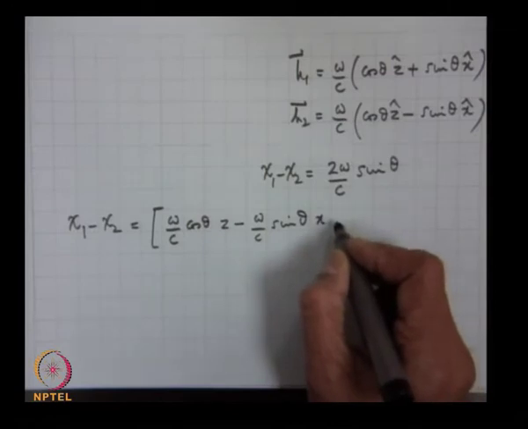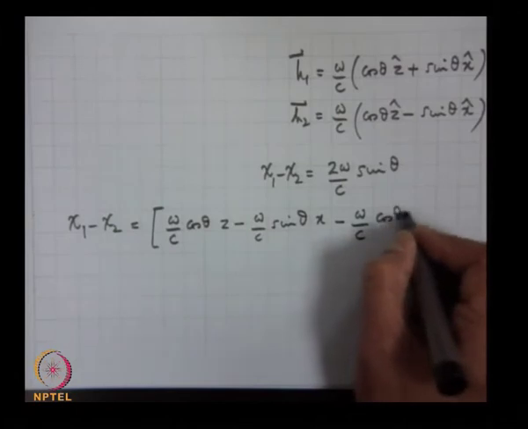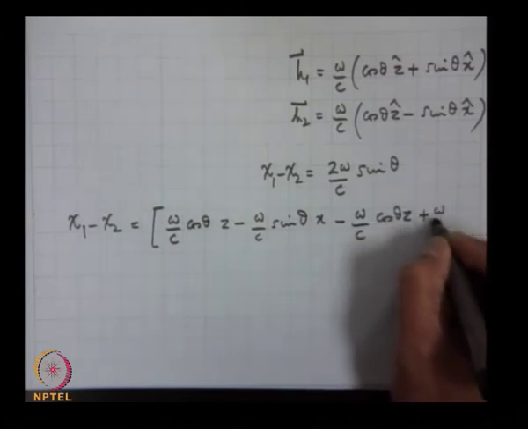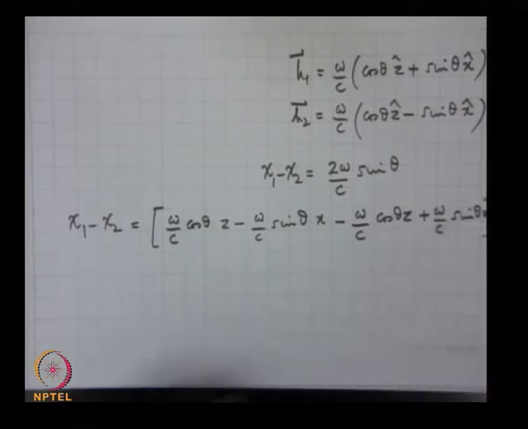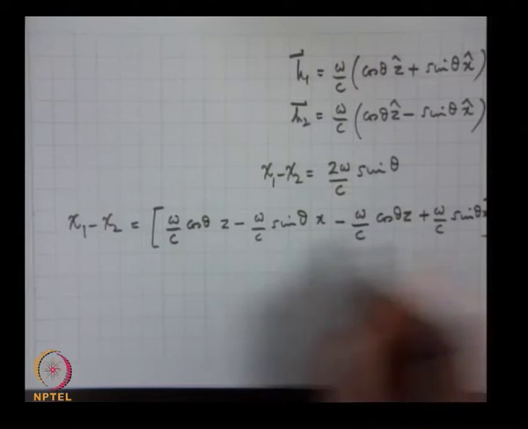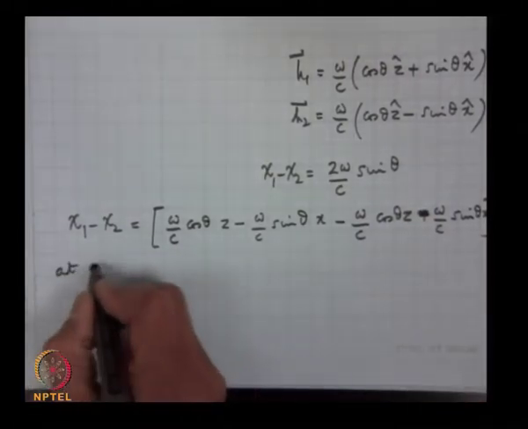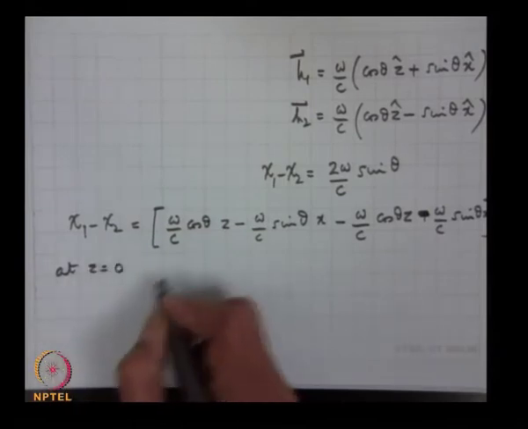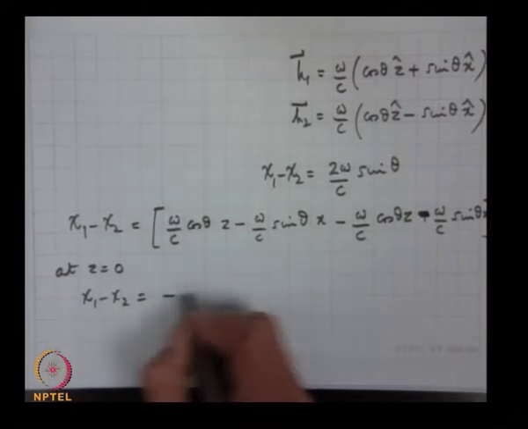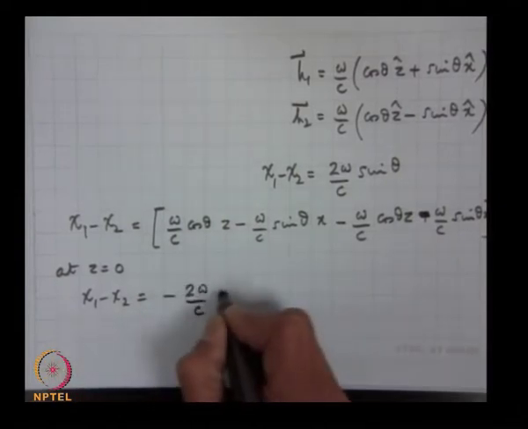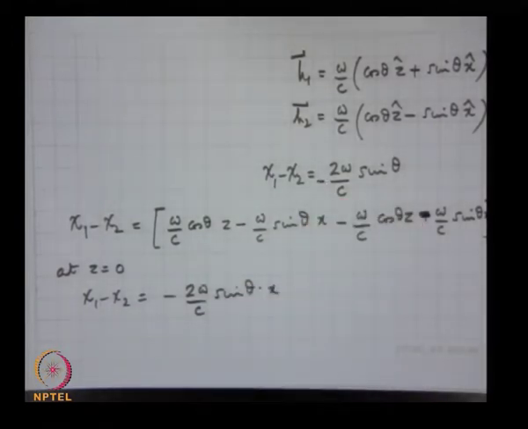This is k2 dot r minus k1 dot r. So at z is equal to 0, chi1 minus chi2 becomes minus 2 omega by c sin theta into x.